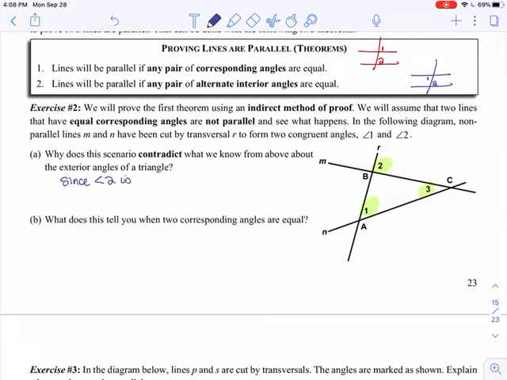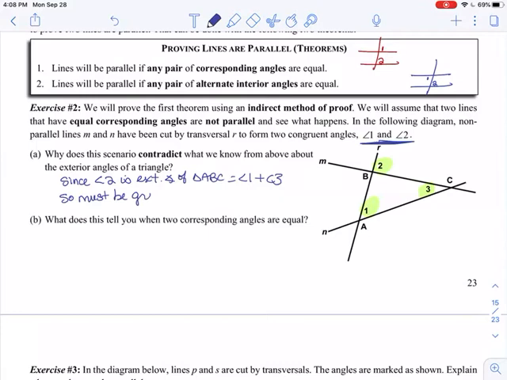So what's the contradiction? Since angle 2 is the exterior angle of triangle ABC, it equals angle 1 plus angle 3. Now, if it's equal to angle 1 and angle 3, it cannot be equal to angle 1 by itself.